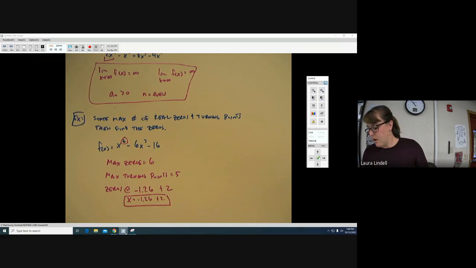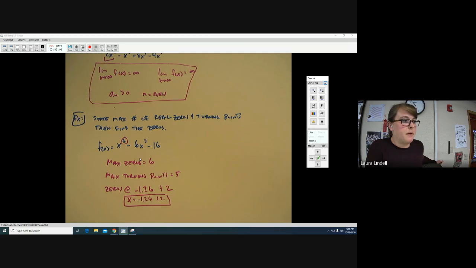Okay. If we were going to do it by factoring, let's see, does this thing factor nicely? No, this thing doesn't factor nicely anyway. So we'll just show it by graphing. Okay.